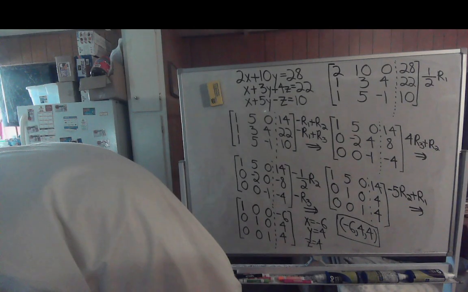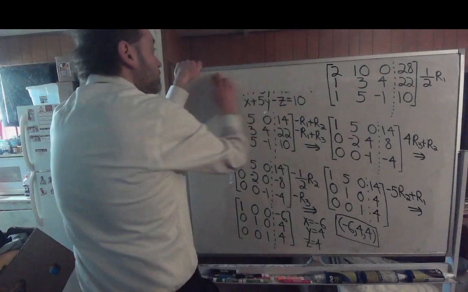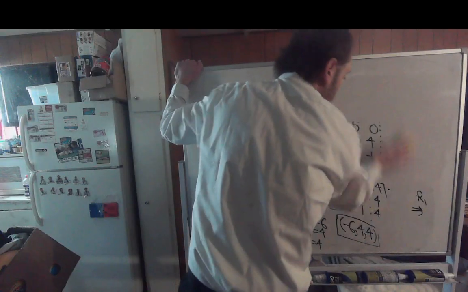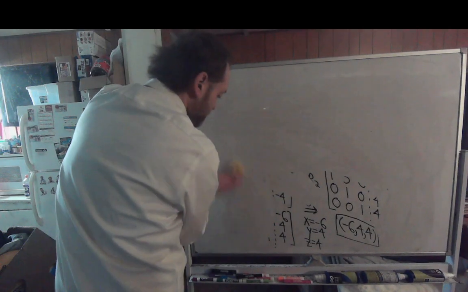Alright, I got 3 more. Alright, so we got x plus 4y minus 2z equals 3.